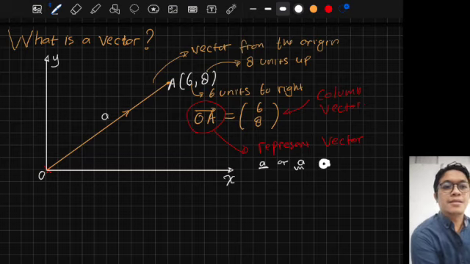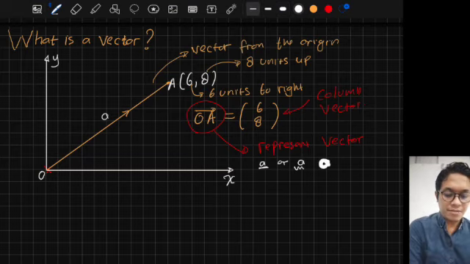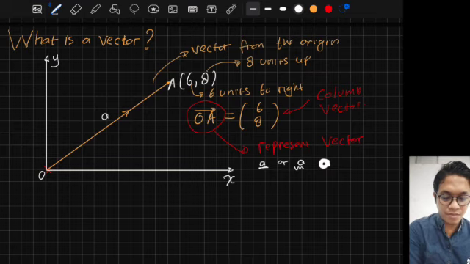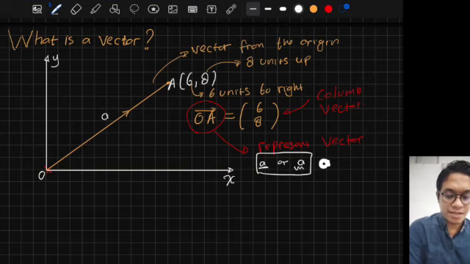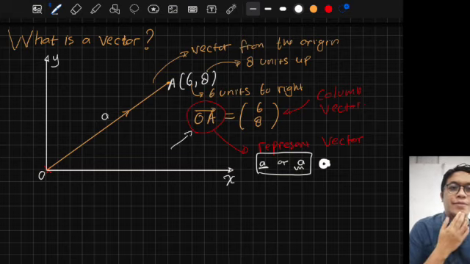But in any exam or writing, the most common ones are either a lowercase letter with a straight or wavy line, or stating the initial point and the end point of a vector.